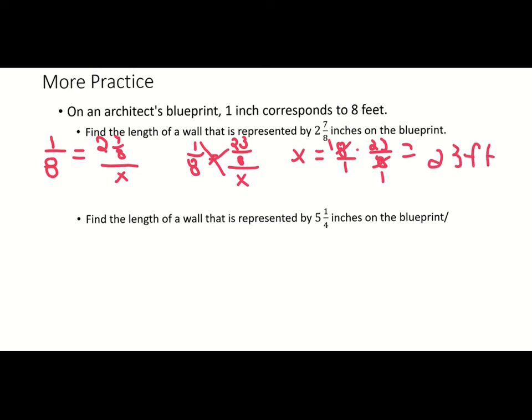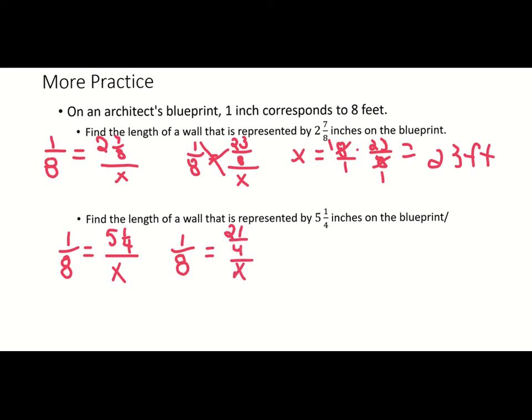For my next one, we're going to start off again with 1 inch is equal to 8 feet over 5 1/4 inches over x. Now when I turn 5 1/4 inches into an improper fraction, 5 times 4 is 20 plus 1, so it's going to be 21 over 4 over x.